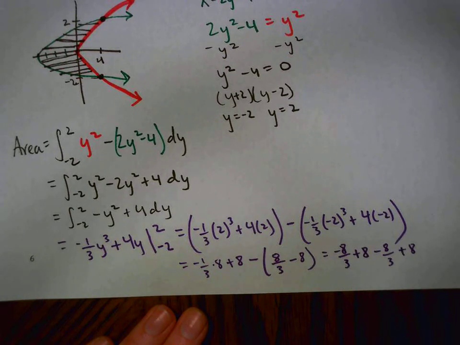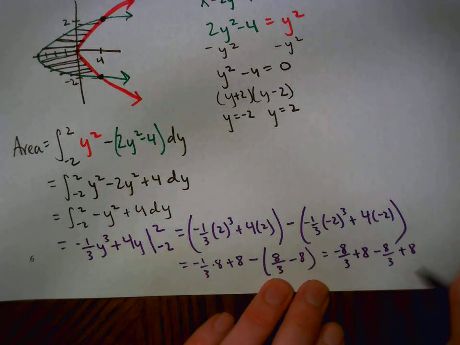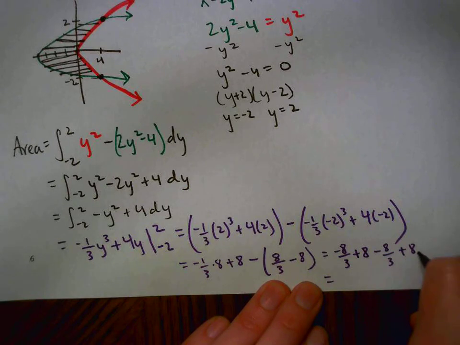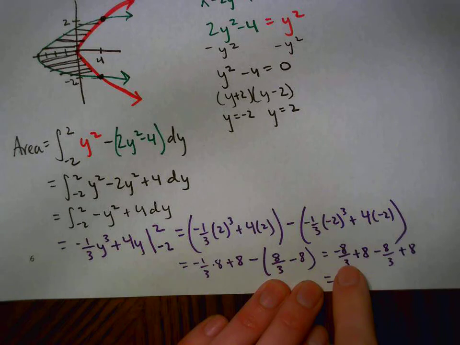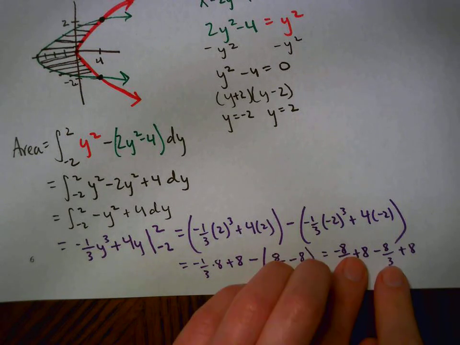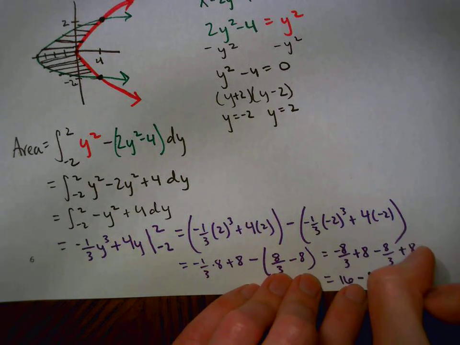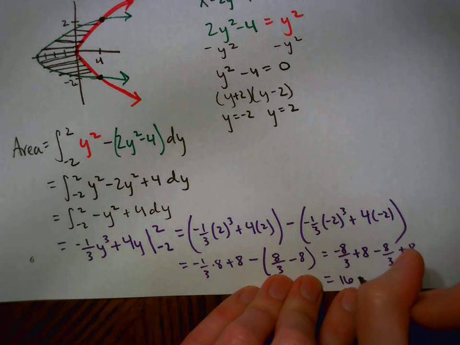I think I'm going to combine my 8s and my 8/3. So this becomes, if I combine this 8 plus this 8, that's 16. And then minus, if I go ahead and add these two fractions over 3, -8 minus 8 would be -16 over 3.